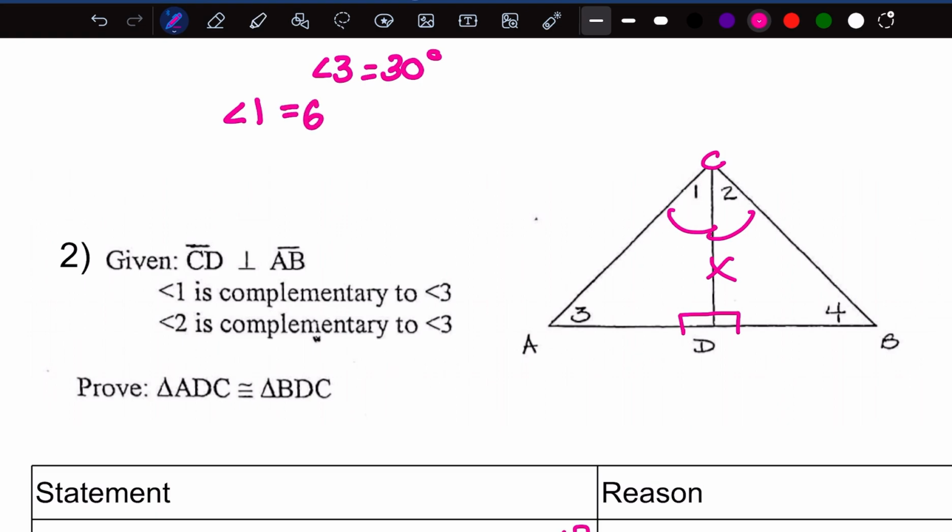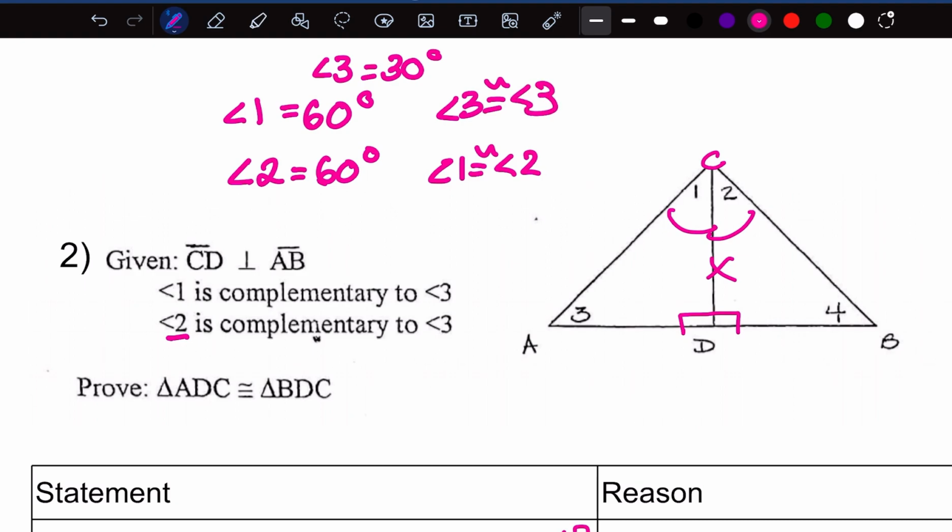So angle 1 would have to be 60 degrees. They're saying that angle 2 is also complementary. There's no other number that will add up to 90 degrees, so angle 2 would also have to be 60 degrees. Therefore, angle 1 is congruent to angle 2. And we can derive that by saying that angle 3 is congruent to angle 3. Use the given statements to state angle 1 is congruent to angle 2.